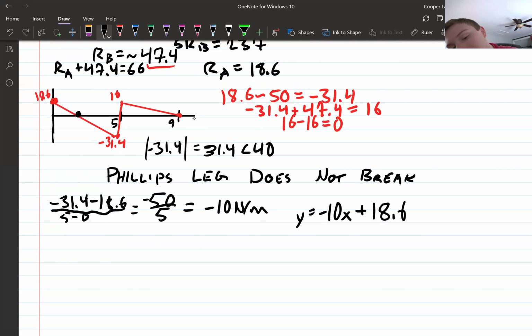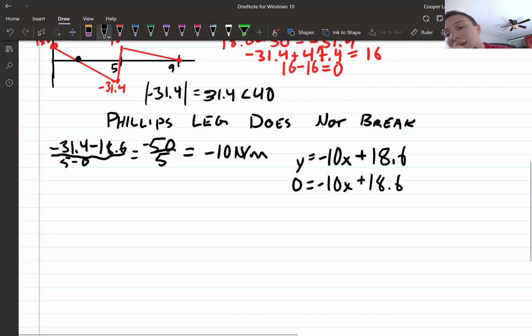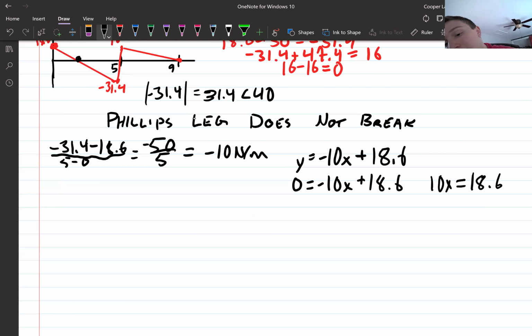So 0 equals negative 10x, because we don't know x, plus 18.6. So we add 10x to the other side, which tells us that 10x equals 18.6. When we divide this, we get x equals 1.86 meters. So that is where our shear force diagram equals 0.